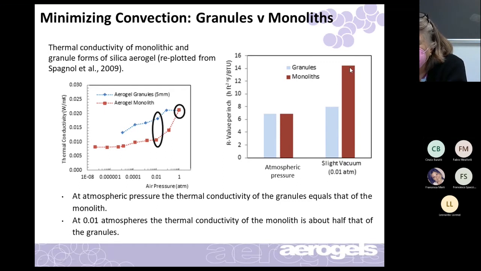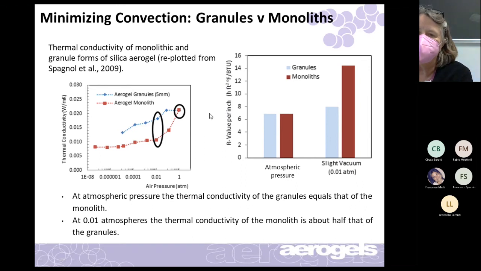So it's an interesting thing that you see with the aerogels versus granules. But all this again goes back to what we saw with the difference between the molecular diffusion and the conduction that goes on.